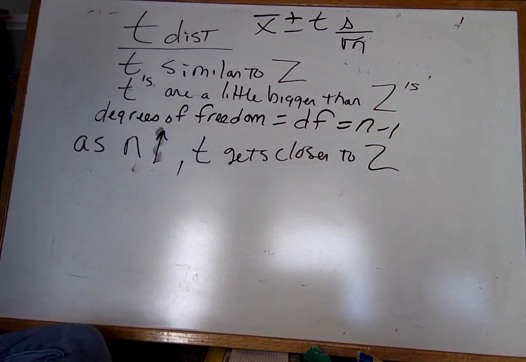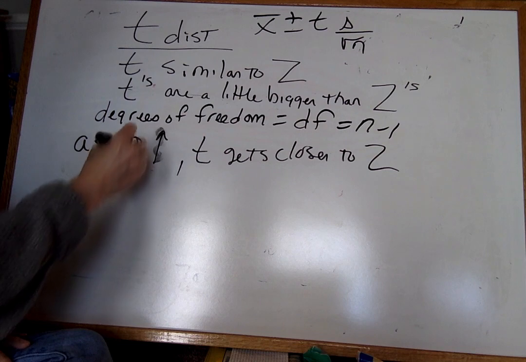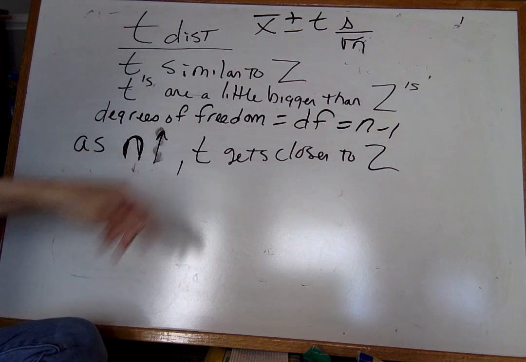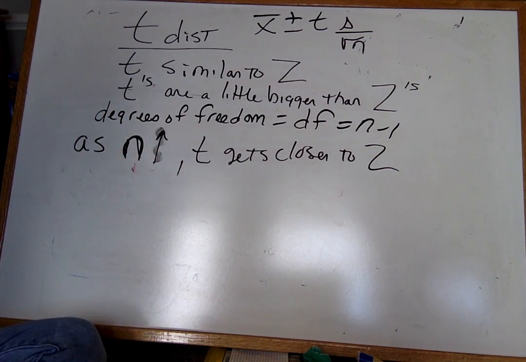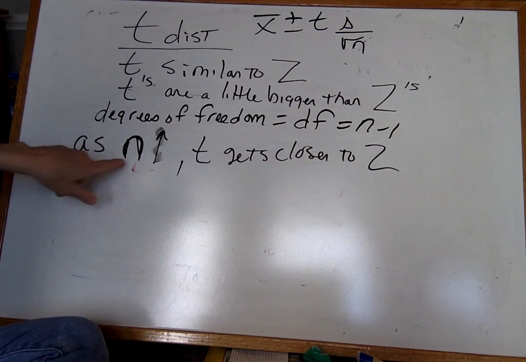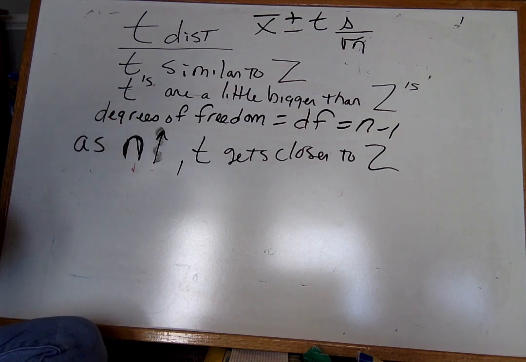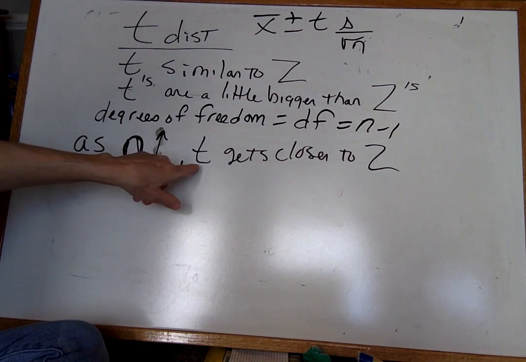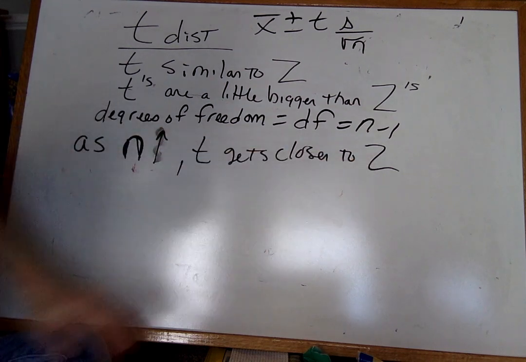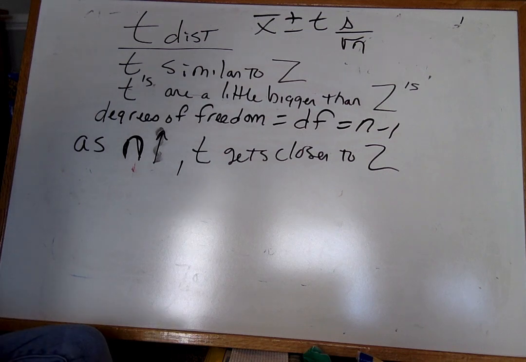As your sample size, that's an N, increases, the T values actually get closer and closer to the Z values. I want to come at this intuitively. If I have a ton of data coming in because I increased my sample size, then I'm not as nervous, right? And that's why the T can get smaller and smaller back to what it should have been.